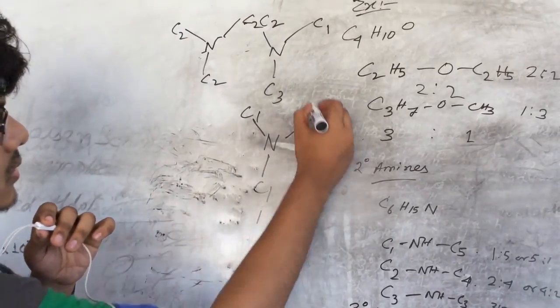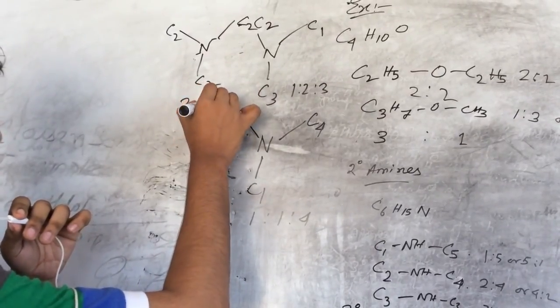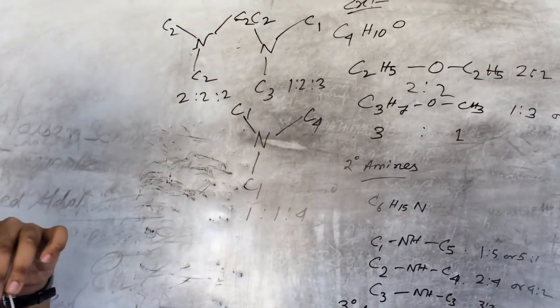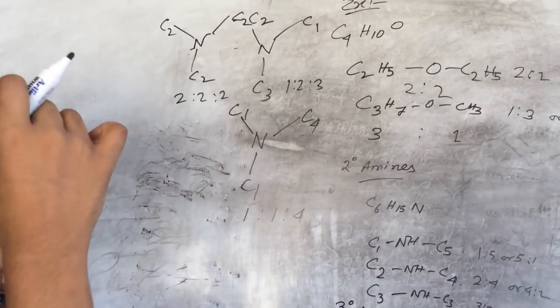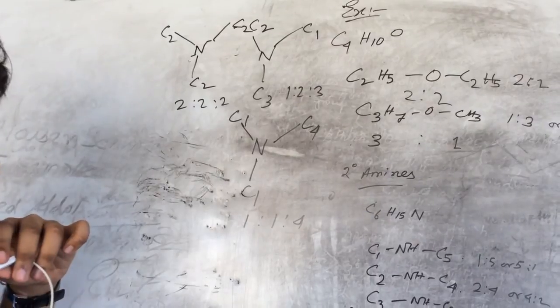So 1:1:4, 1:2:3, 2:2:2. So these are all examples of metamers, and with this we end the discussion for metamers.